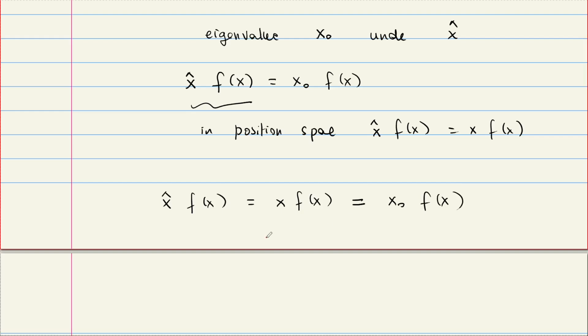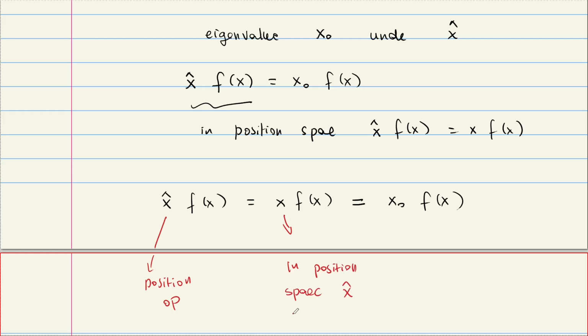So this x in position space, x hat gives x, and this is the eigenvalue we are required to find.